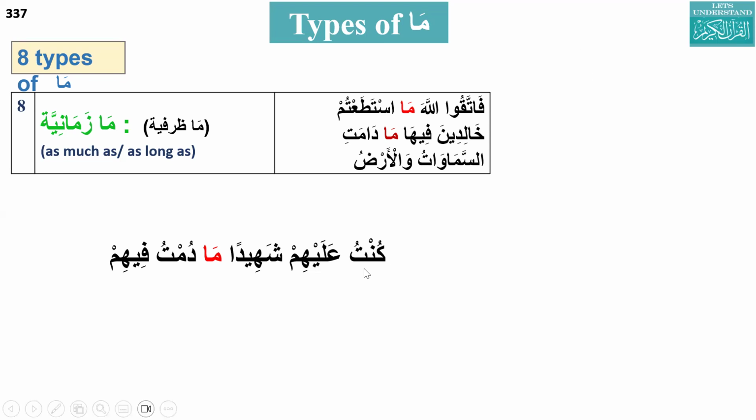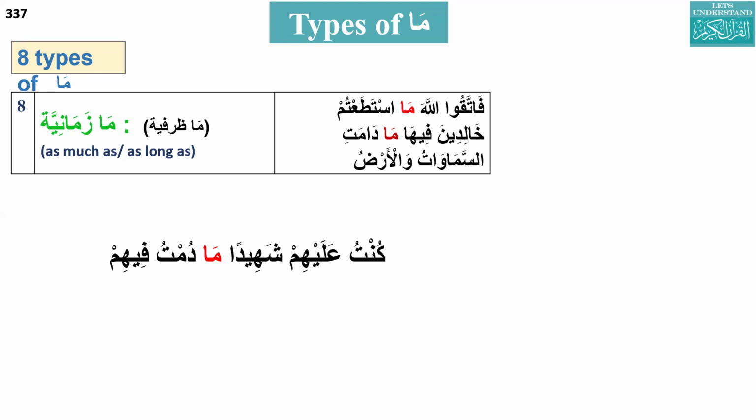Second, let's see here. Kuntu alayhim shahidan ma dumtu fihim. Kuntu, I was; alayhim, upon them; shahidan, a witness. Ma what? Dumtu, I remain; fihim, in them. I think we discussed this ma, dama, before.